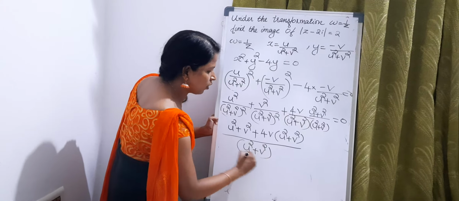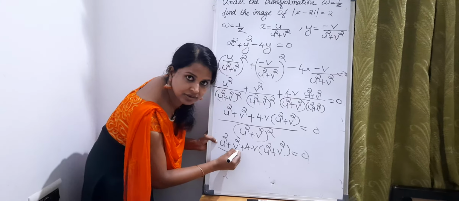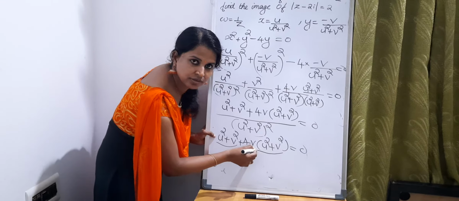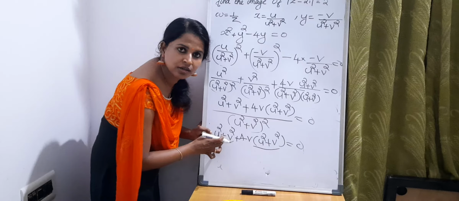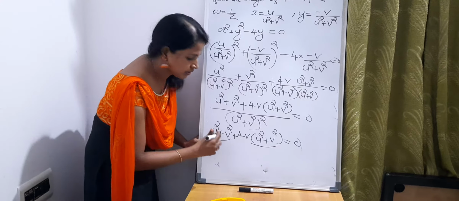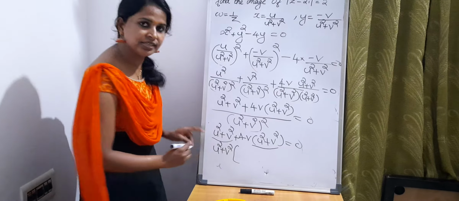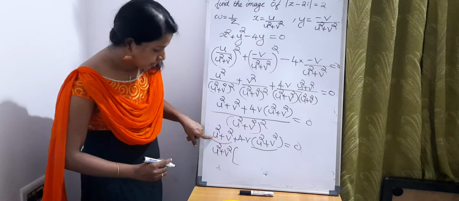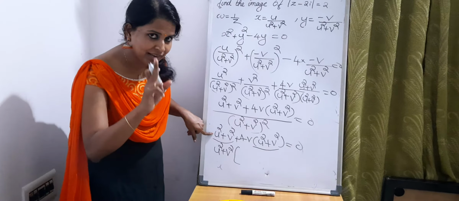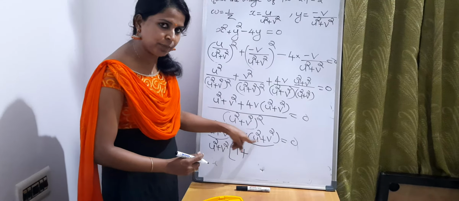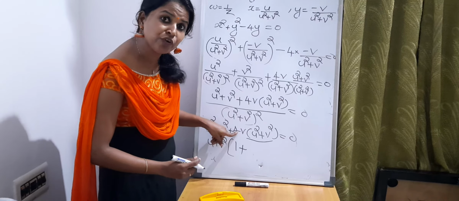Here this is u square plus v square, and here again one more u square plus v square, so we take it outside. We take u square plus v square common, the balance is 1, plus, the remaining term is 4v.